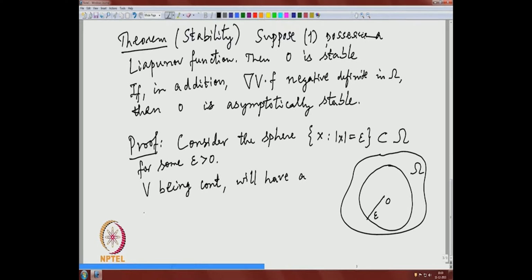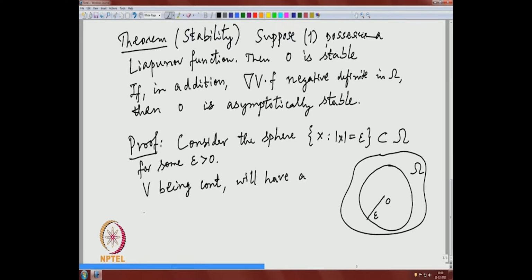So, again by continuity, since V of 0 is 0 and V is continuous, we can choose delta positive and delta less than or equal to epsilon, such that V is strictly less than M on S delta. So, let me again stress this thing. What does this mean?